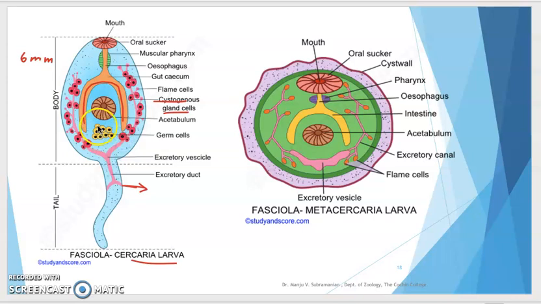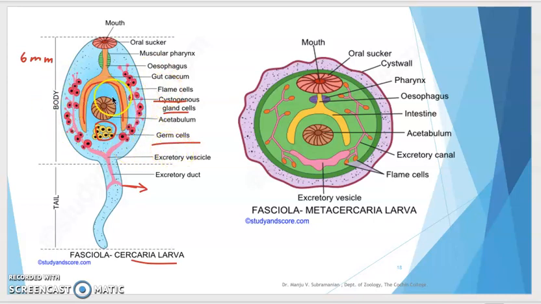These are the germ cells which are present inside the Cercaria, and the Cercaria migrates to the pulmonary sac of the snail and finally escapes into the surrounding water. And unlike the redia, this Cercaria larvae does not reproduce.